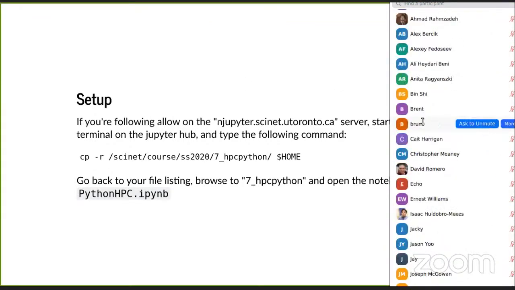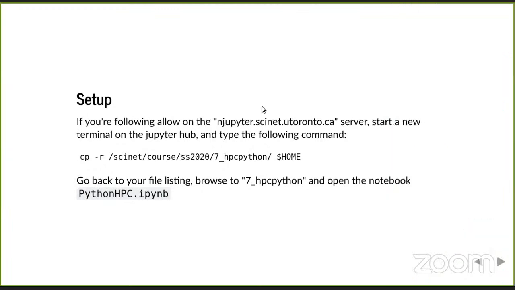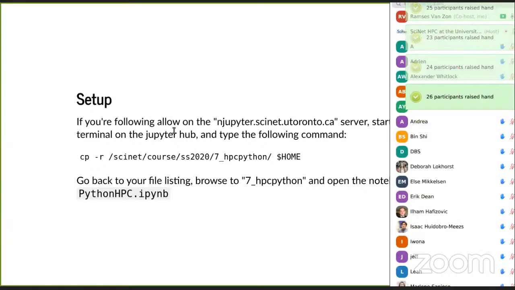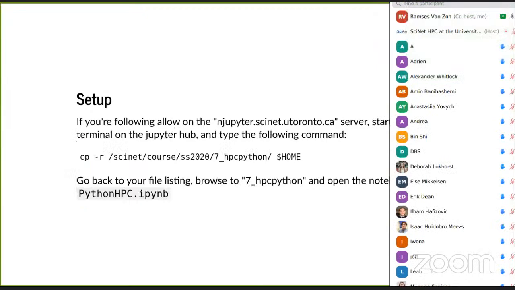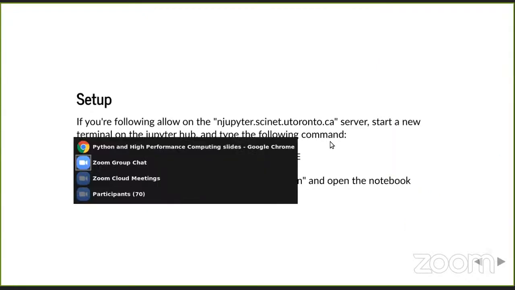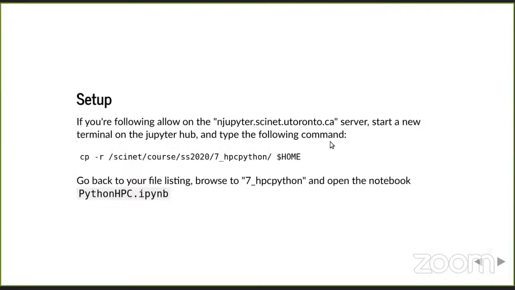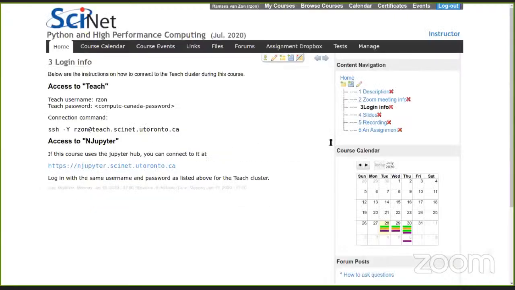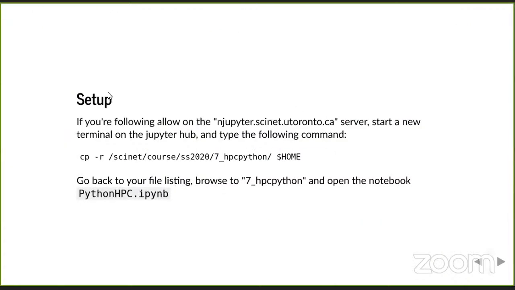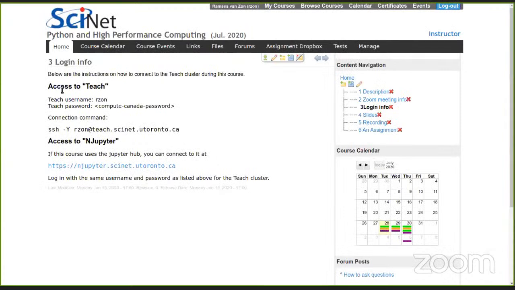So for those of you that haven't, let's take it one at a time. If you're not able to log into the Jupyter Hub, or if you're not able to log into the education site, that is one thing, and make sure you say what is not working.